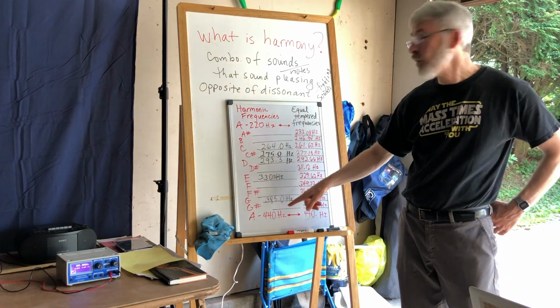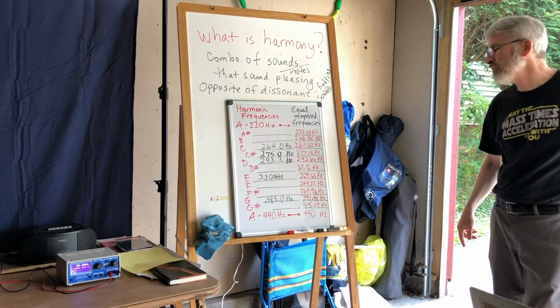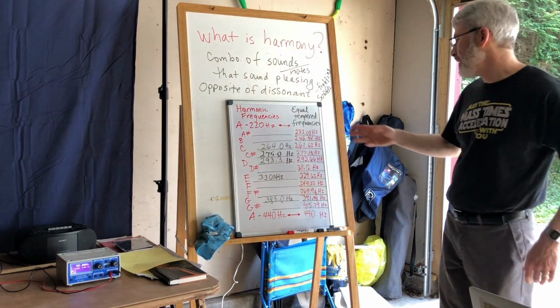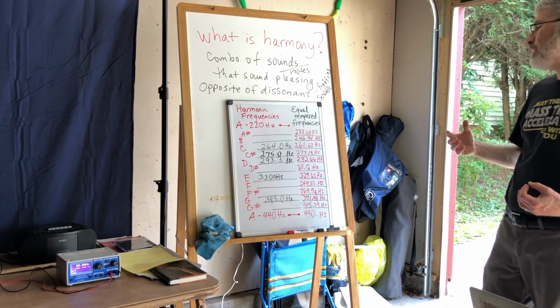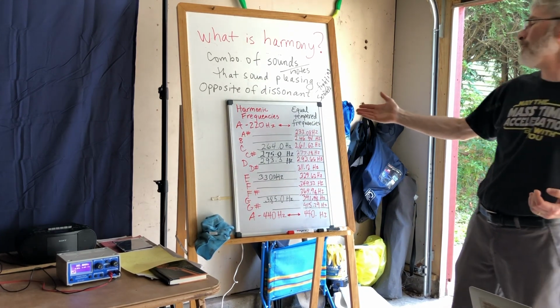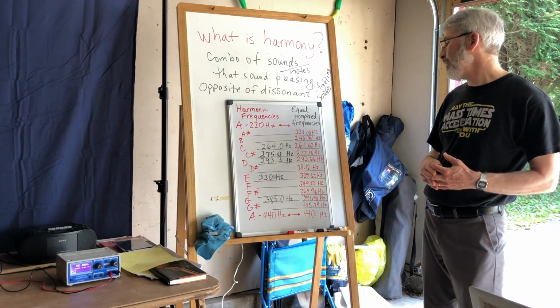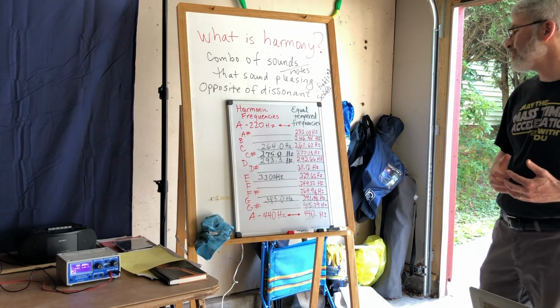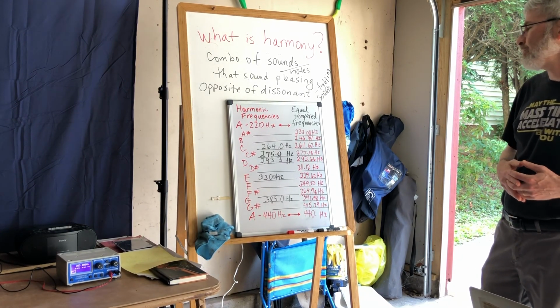Maybe we should even try the major and minor thirds too. So let's try those pitches to see if we notice the difference between what a keyboard that's equally tempered would play versus what pure harmony would ask us to sing.